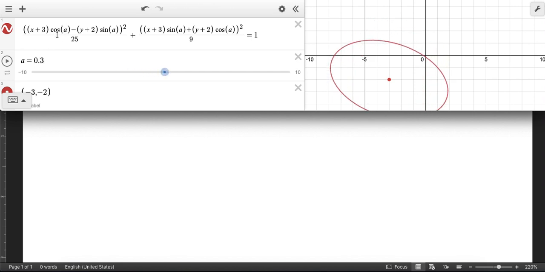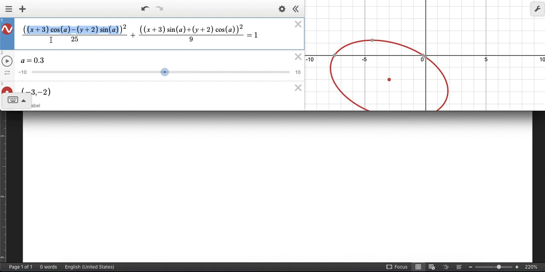The number you're going to change is this A value, this angle in here with cosine and sine that's everywhere in here that we see. What you want to notice is that this looks like our general graphing equation for an ellipse, where typically we have the x minus whatever the center is, like x minus 3.